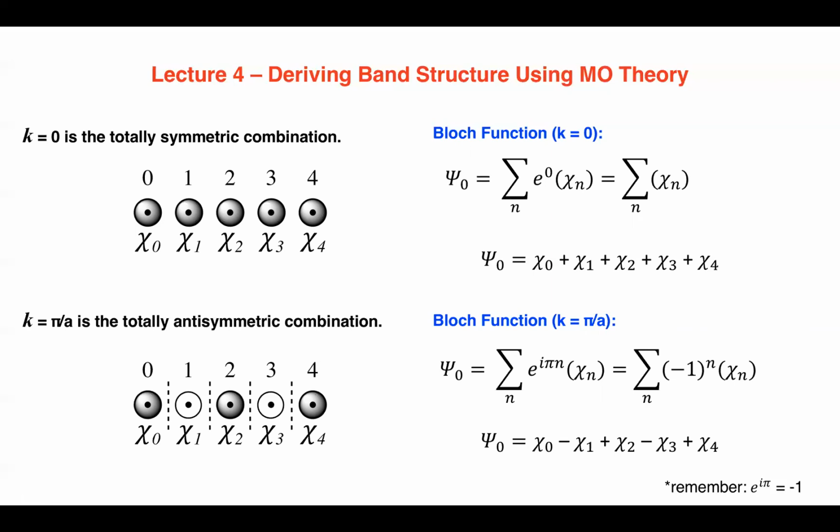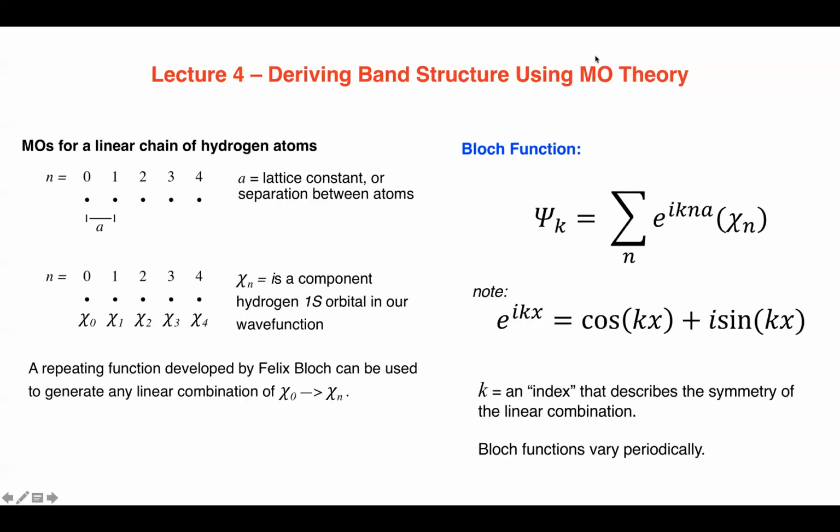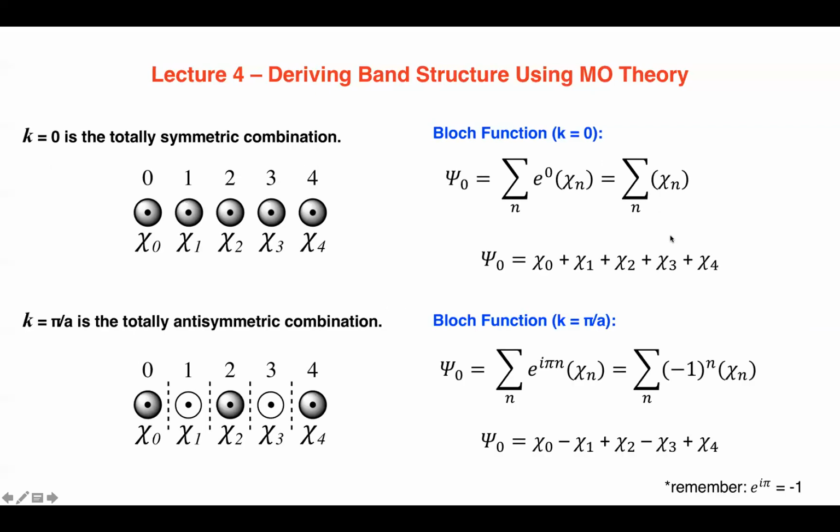E to the 0 is 1, and so the linear combination of all those chi n's is just the sum: chi 0 plus chi 1 plus chi 2 plus chi 3 plus chi 4. When you stick 0 in the exponent of this Bloch function, it converts e to the ikna to just e to the 0, and you're just taking the sum of each one of those functions.